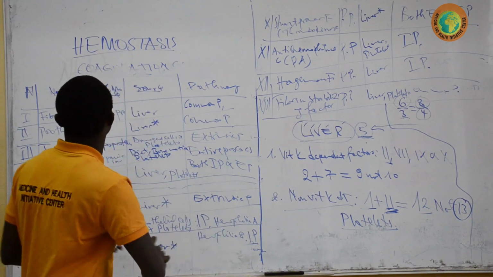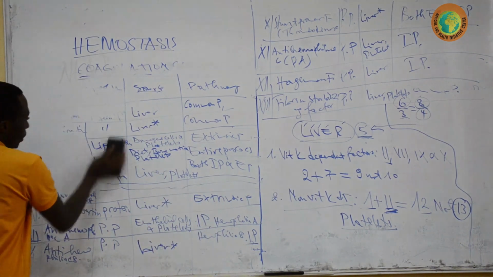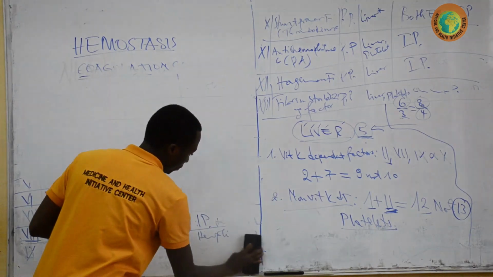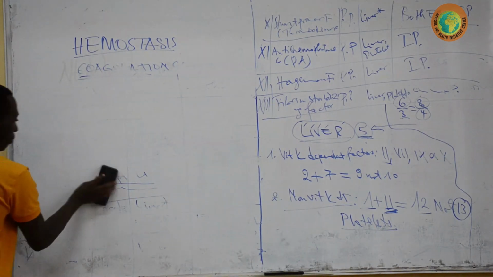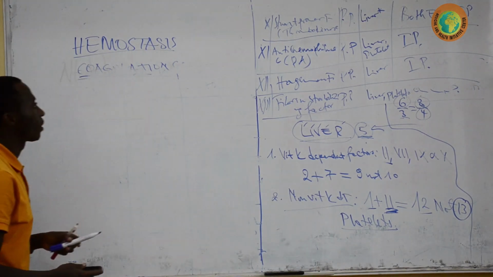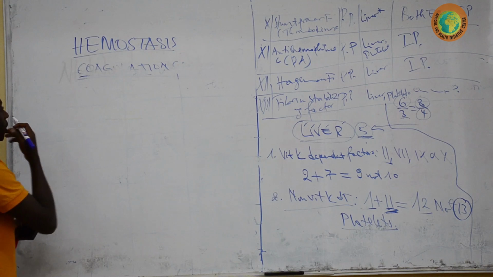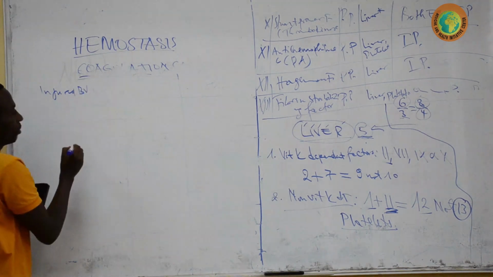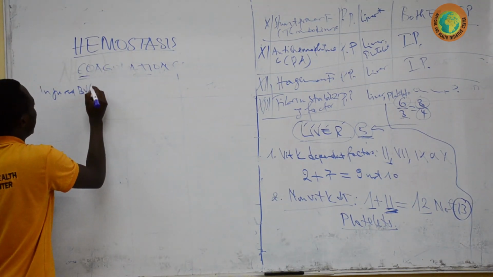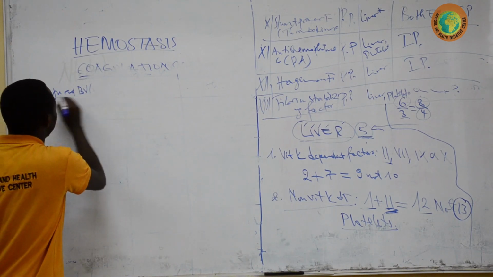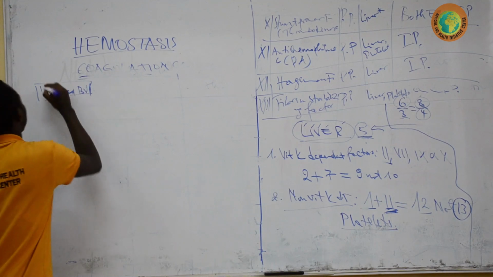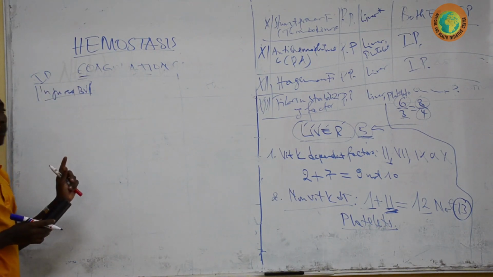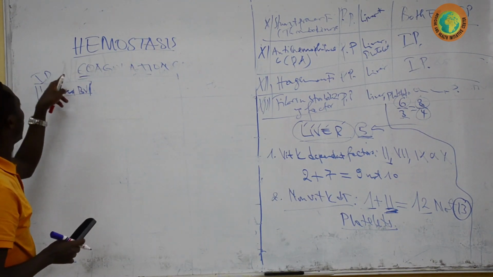Now let us go on with pathways. We have an injured blood vessel, specifically the internal damage of the blood vessel, which gets in contact with the bloodstream.